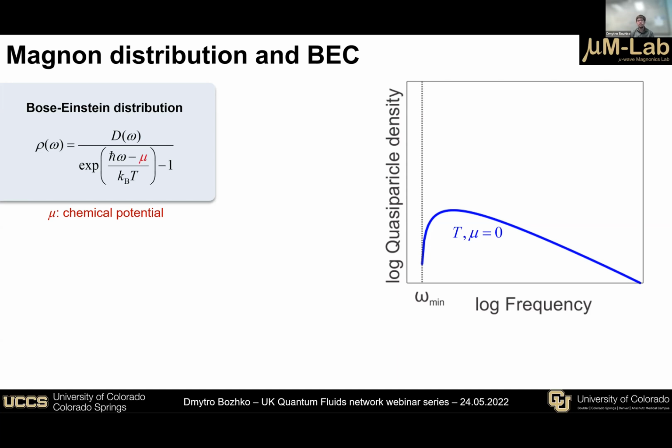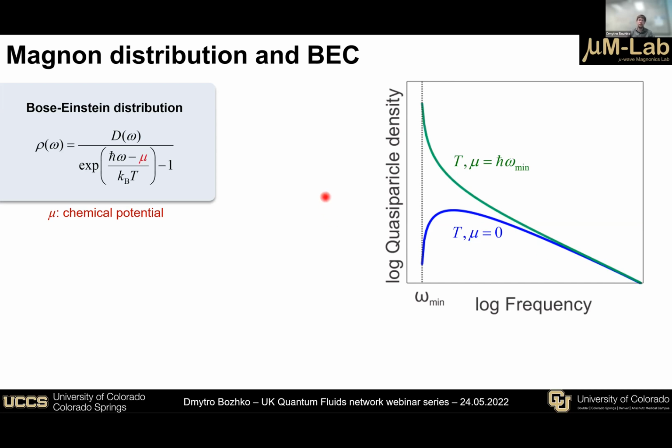Magnons, in contrast to real atoms, do decay. This means that in thermal equilibrium, the chemical potential of magnons is 0. So if you quasi-statically change the temperature in the system, it will not give you the ability to achieve high chemical potentials, which is necessary for a Bose-Einstein condensate.